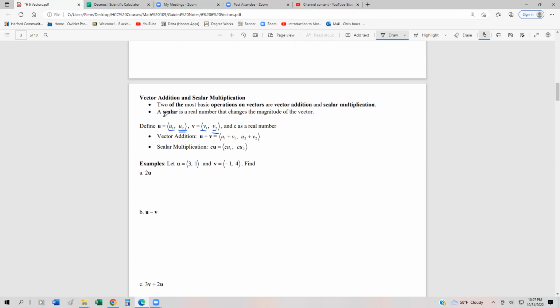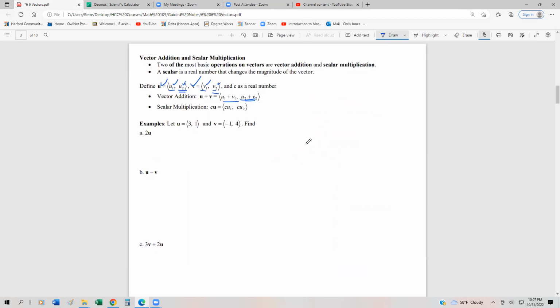A scalar, basically, we're going to multiply by some number, and that's going to change the magnitude of the vector. So essentially, if we wanted to add vector u to vector v, we would add the x components, or the x directions, and we would add the y directions together. So it's actually really easy to do that. Scalar multiplication, we just multiply both of the components by whatever the value is.